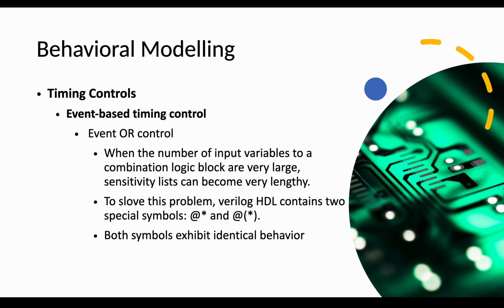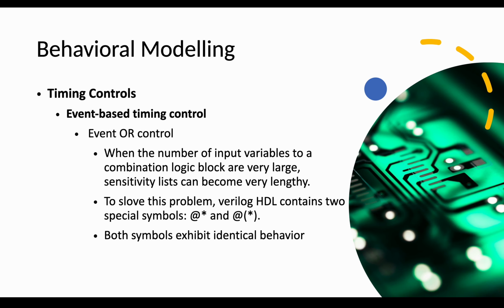When the number of input variables to a combinational logic block is very large, the sensitivity list can be very lengthy. And if you forget to write some inputs inside the sensitivity list, the working of the block is not up to the mark.